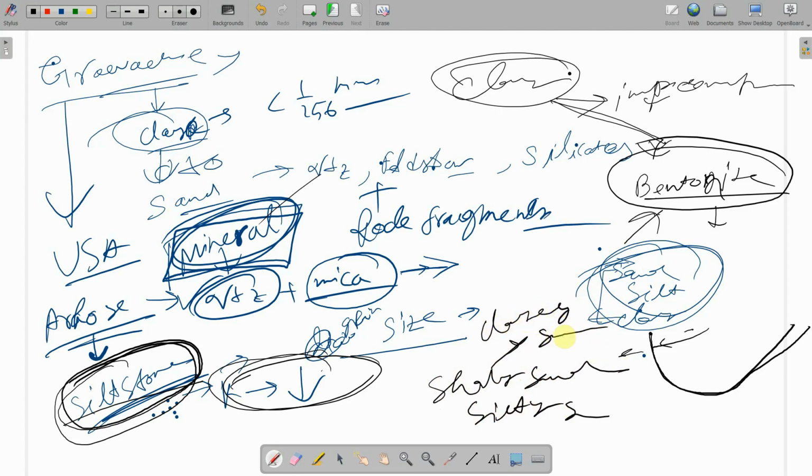Depending on the percentage of clay or silt, you can classify it as a clayey one or a silty one, but pure sand or pure sandstone is not possible. Some impurities will be there; nothing in nature is perfect. So if the clay percentage increases, the permeability decreases.